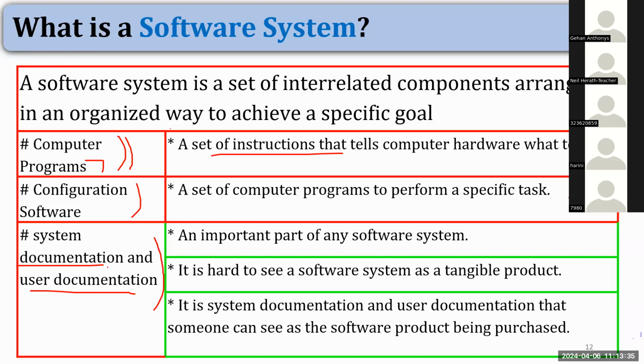And not only that, there is how the user can apply and see that product being used. That is the user documentation. Nowadays these things are mostly available on the website. In early days, product manufacturers gave a CD or whatever information was needed, but nowadays you can see it on the website.